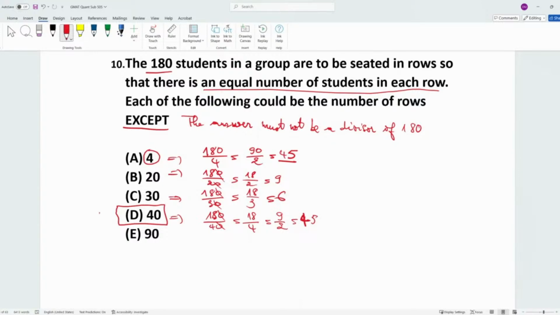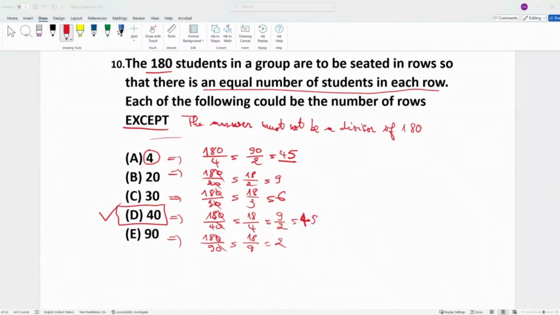So this is our answer. Just to check, if we said 90, for example, 180 over 90 will give us 18 over 9, which is equal to 2. So we are looking for the exception. The only exception here is 40, because it gives us 4.5. So that's how you solve this.